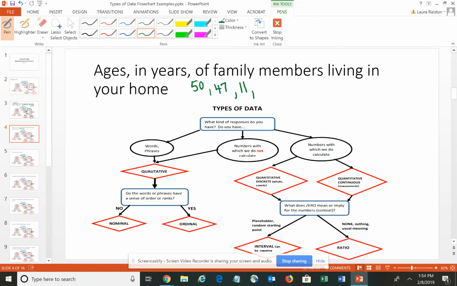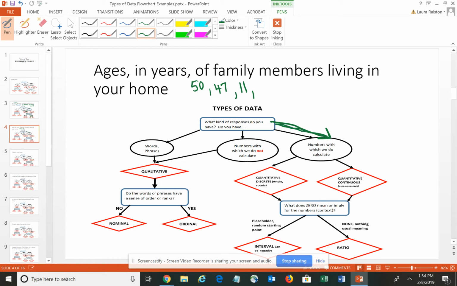So again, you're giving me numbers. And so you want to think about, would we calculate with numbers? Could we, for example, find the average age of the people living in your home? And the answer would be yes. So again, we have numbers with which we calculate.